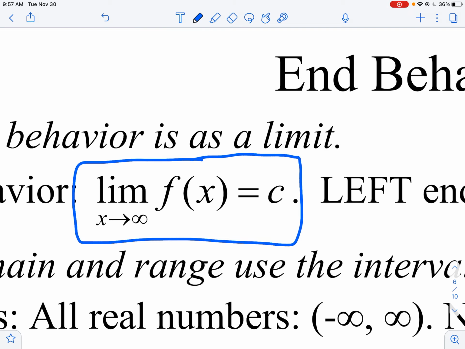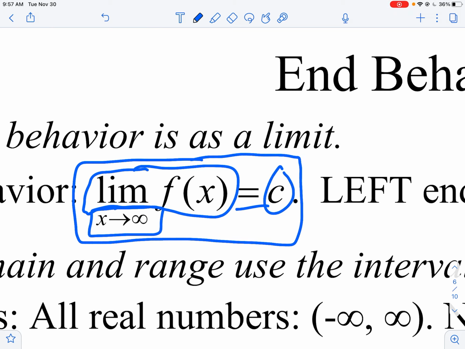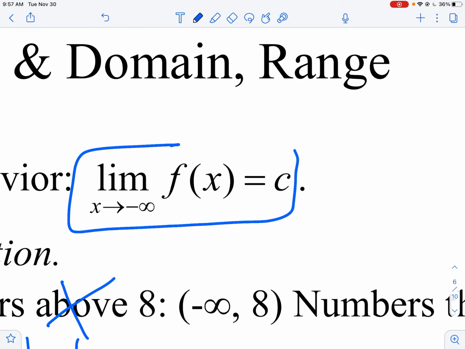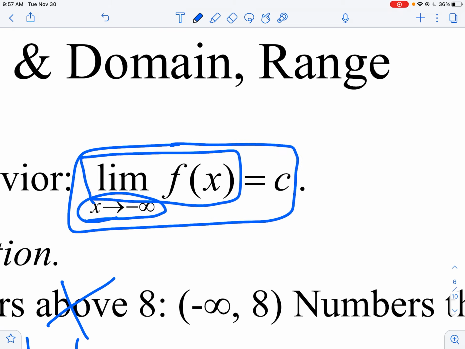The way you read it is: the limit of f of x as x approaches positive infinity is c. In this case, you put a number, right? What is it approaching as the x's go to positive infinity? Well, that would be the right end behavior. If you want to do the left end behavior, it looks like this. The limit of the function f of x as x approaches negative infinity is whatever is happening on the left side.